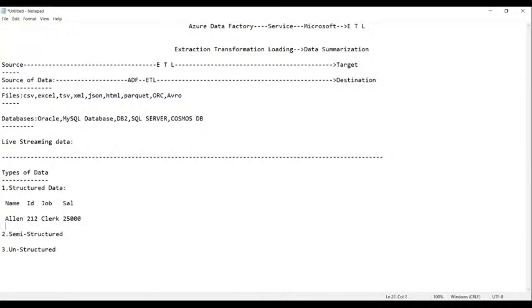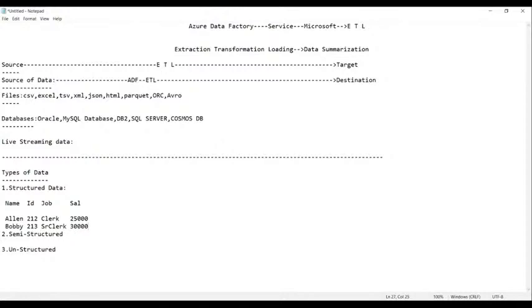Next, I'm writing one more line: Bobby, with Senior Clerk as the job, and let's make the salary 30,000.